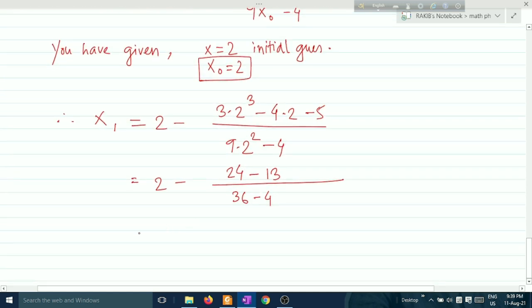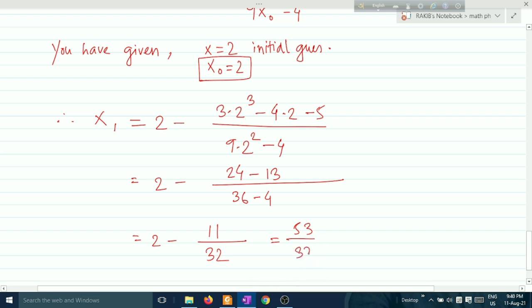This becomes 2 minus 11 over 32. This means 64 minus 11, which means 53 by 32.